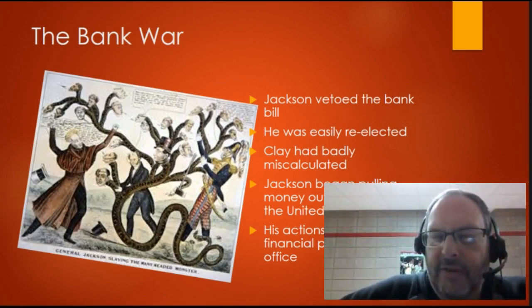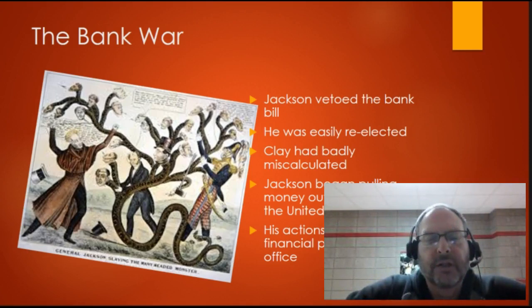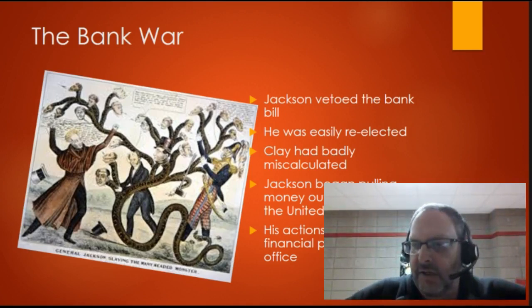Clay really believed that Jackson would veto this bill. And then he thought that because the bank was so popular, when that happened, it would cause Jackson's defeat. If Jackson signed the bill, again, he thought it was win-win, that if he signs this bill, it's going to automatically make him president.